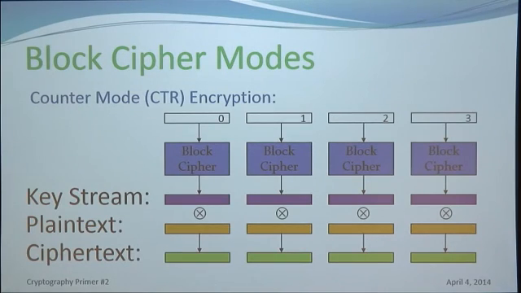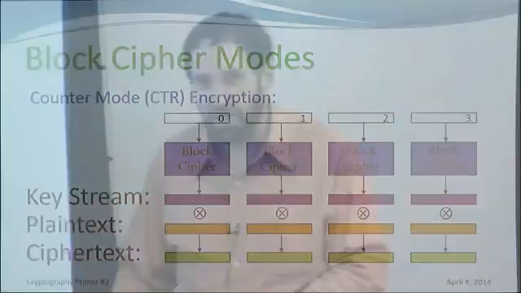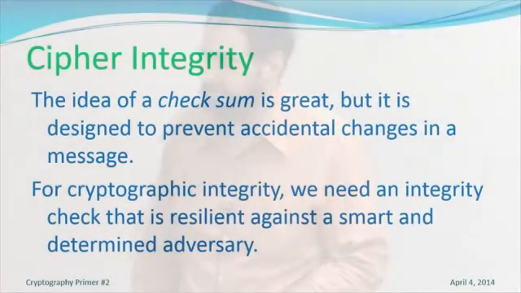Well, it turns out that although stream ciphers are fragile, they can be used well if they're used properly. They do have some benefits. And I'm showing you this now because I'll bring it in towards the end of today as sort of the modern block cipher mode. But before I get there, I have to talk more about cipher integrity.